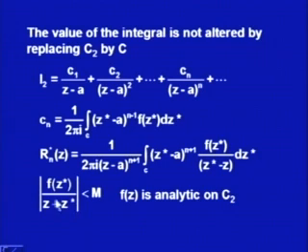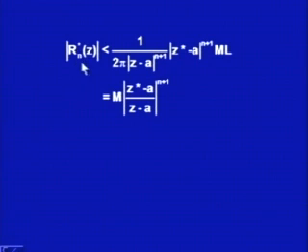Then Rn*(z), as we have expressed it, and from here one may notice that the modulus of f(z*) divided by (z minus z*) is less than M, f(z) being analytic on the curve C2. The modulus of Rn*(z) will be less than 1 upon 2 pi, and then modulus of (z minus a) raised to power n plus 1 multiplied by (z* minus a) raised to power n plus 1 into M times L, and L happens to be 2 pi.